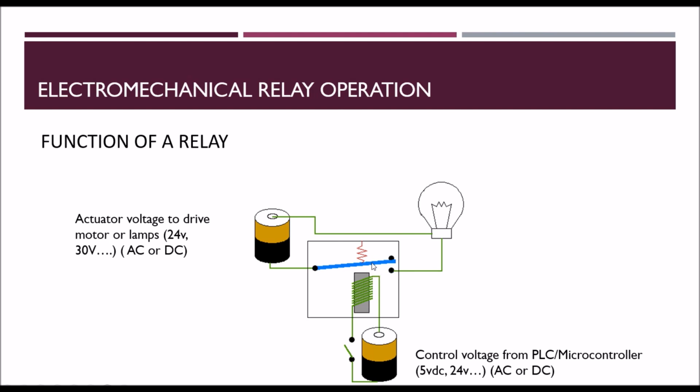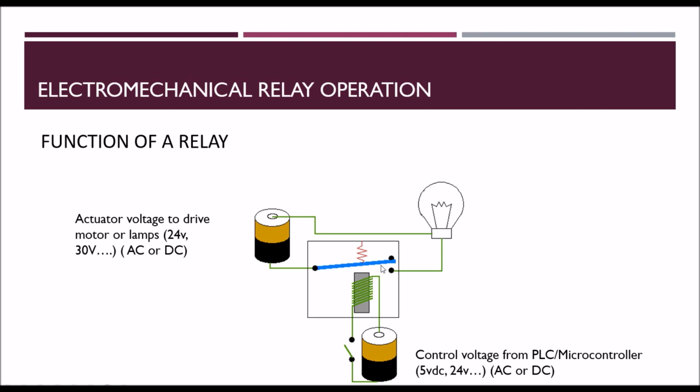So in this example we consider only normally open. I'll take up another sketch where normally closed is also there. So this is normally open. That means there are two circuits actually, a bulb circuit and the coil circuit. If the coil circuit is closed, then what happens? The electromagnetic force is generated around the coil.